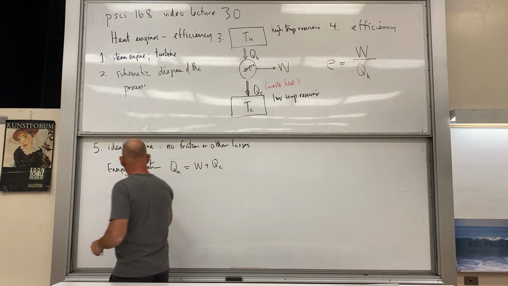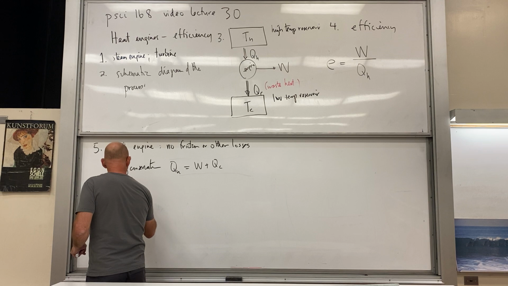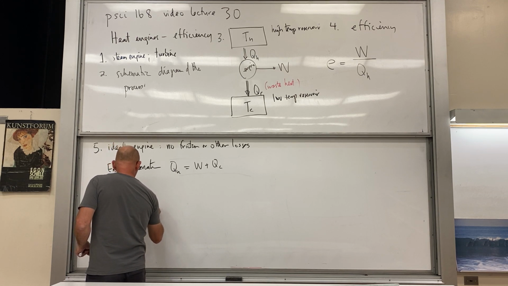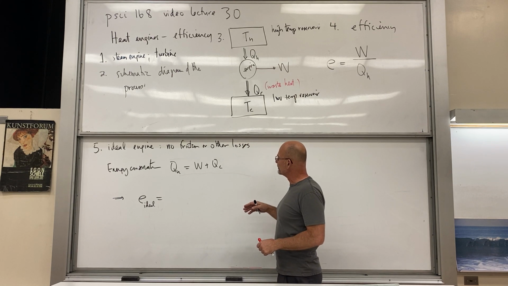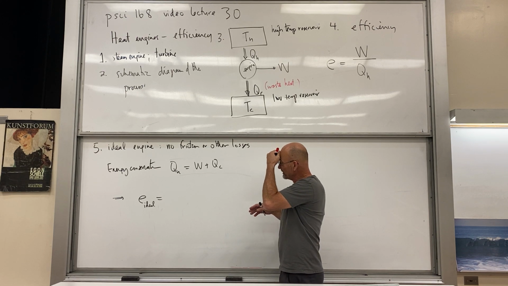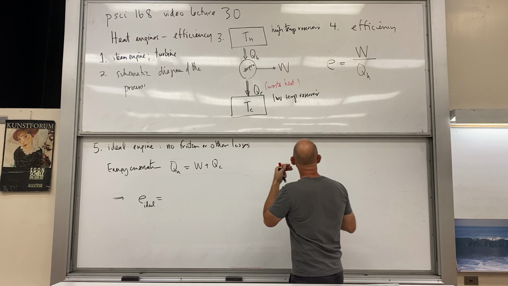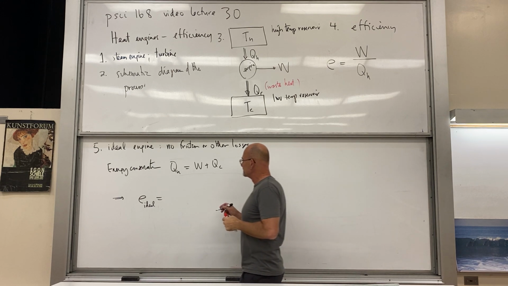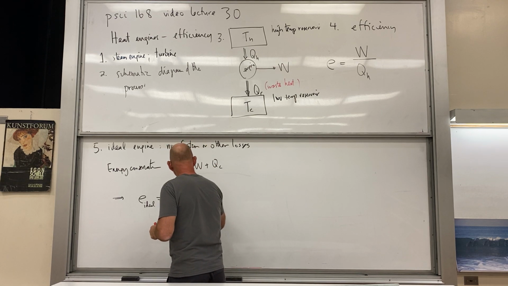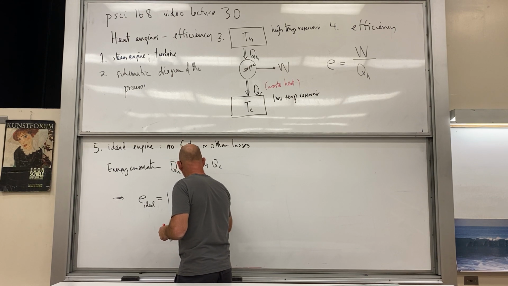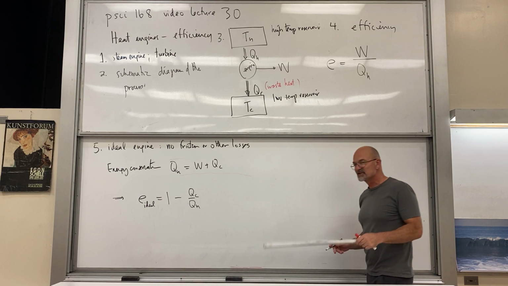And out of this, we had the ideal efficiency, W divided by QH. And then I ended with 1 minus QC over QH. That's very simple, just dividing through.